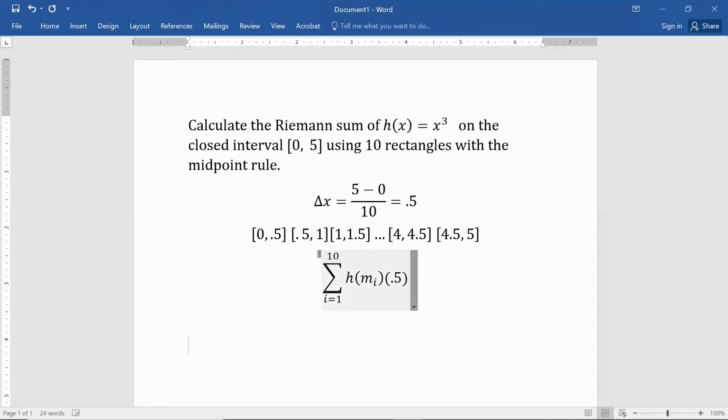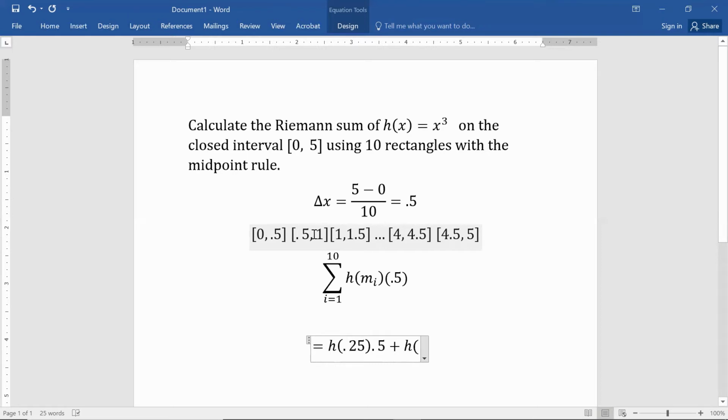The longhand version forces me to go through and calculate all of these. That means I'm going to take h of the first midpoint. Notice that the midpoint of the first subinterval is 0.25, multiplied by 0.5, plus h of, notice the second subinterval has a midpoint of 0.75, multiplied times 0.5.